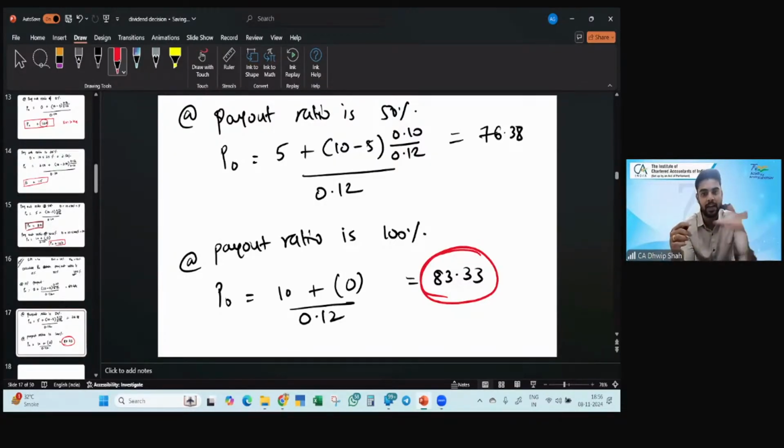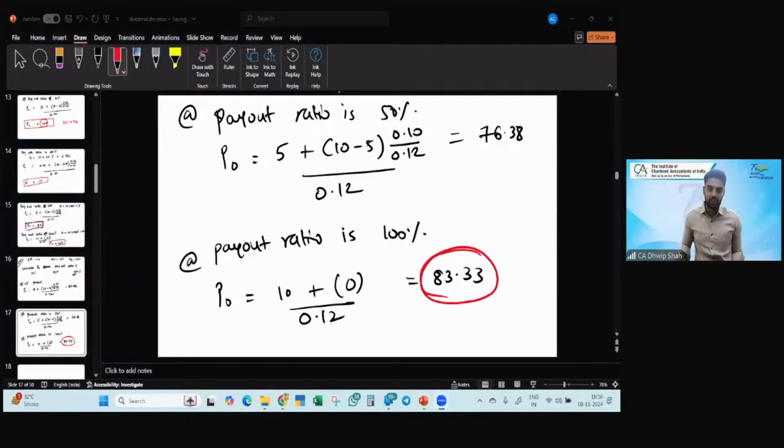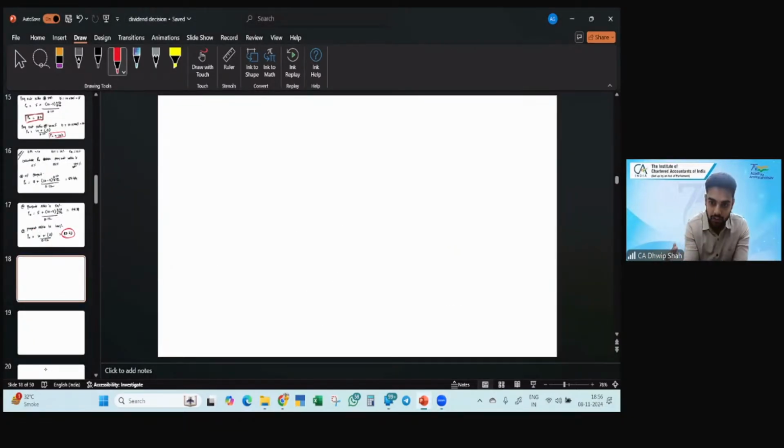They can earn better elsewhere than the company can earn. Okay? So with this, we end with Walter's model. We will still solve some practical problems. But conceptual understanding of Walter is done. At the end of the session, we will still solve some practical problems given in the module.